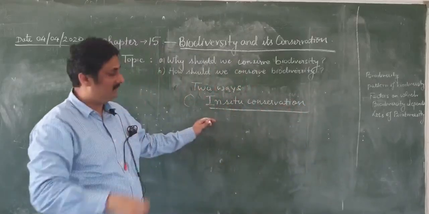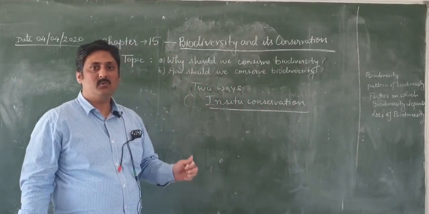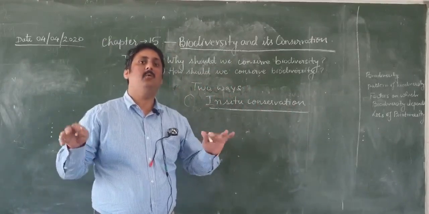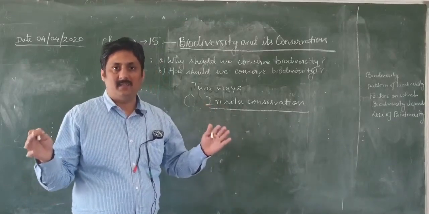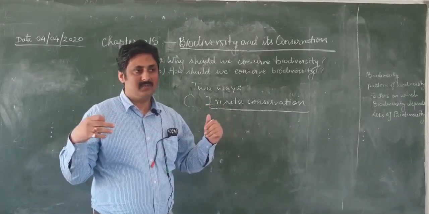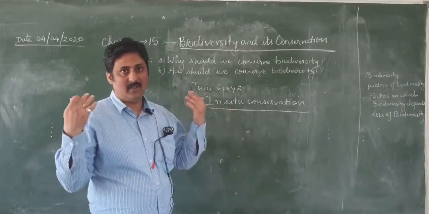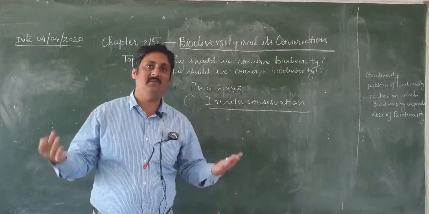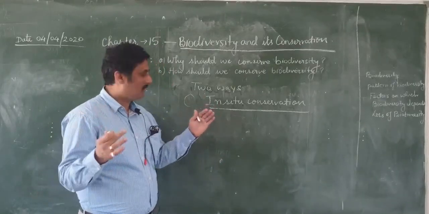Now what do you mean by this? In in situ conservation, we conserve animals and plants in their own habitat in the wild. This habitat can be a national park, wildlife sanctuary, or biosphere reserve. That is their own habitat.